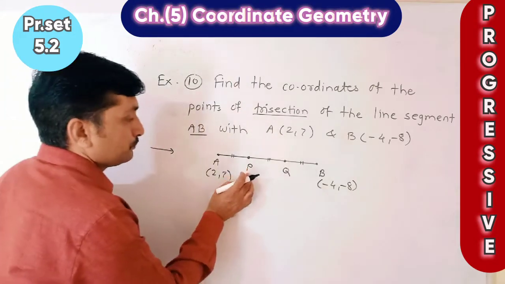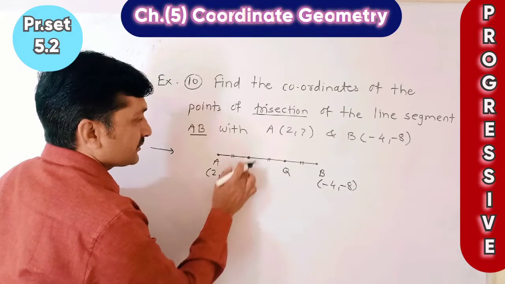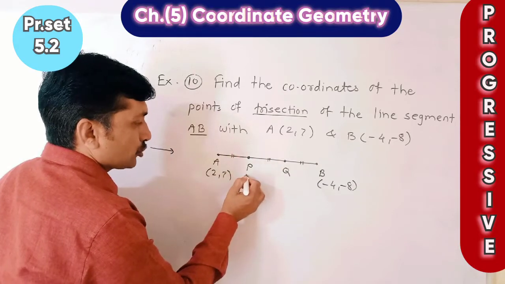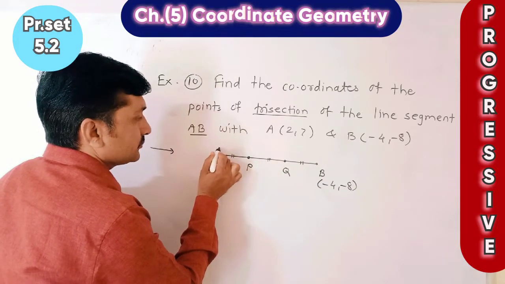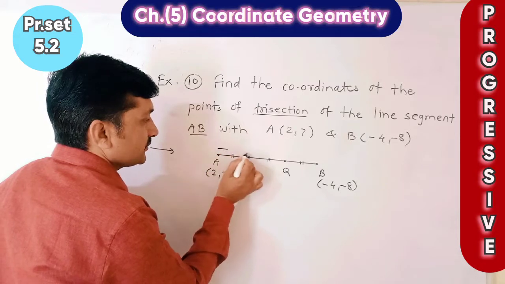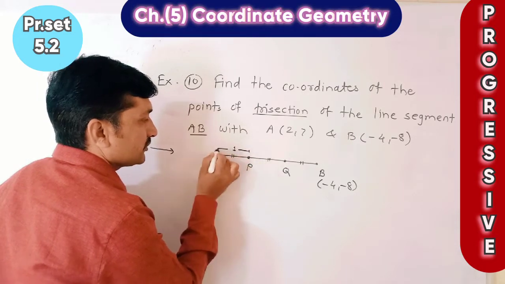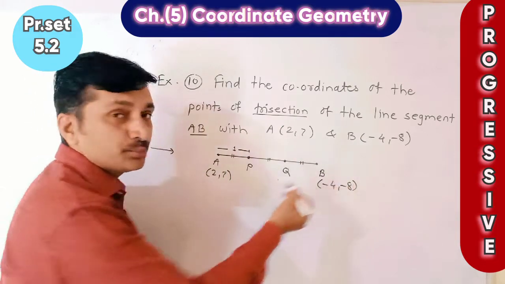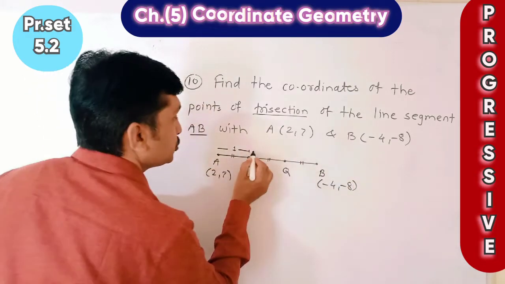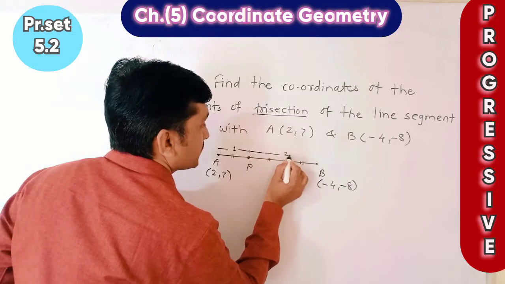Now, if we want the coordinates of P, then from A to P it is one part, and from P to B it is two parts.